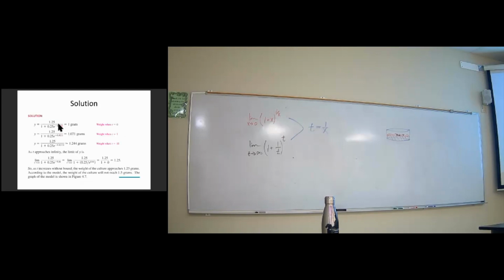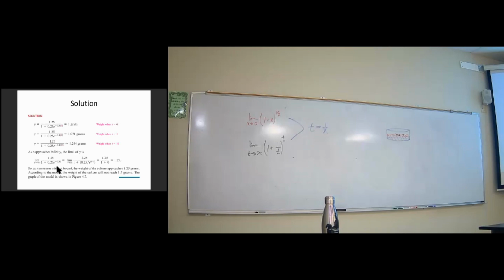So looking at this, we start off at 1 gram. We get to 1.071 grams after 1 hour. After 10 hours, we get to 1.244 grams. And as time goes on to infinity, the most that this thing can grow, look at what's happening here. This is going to shrink, right?